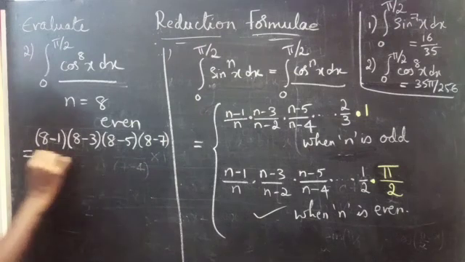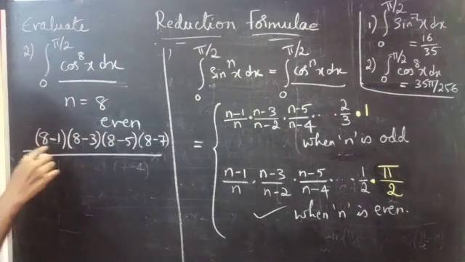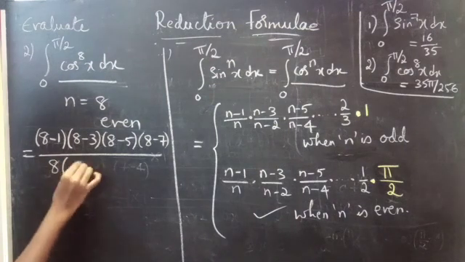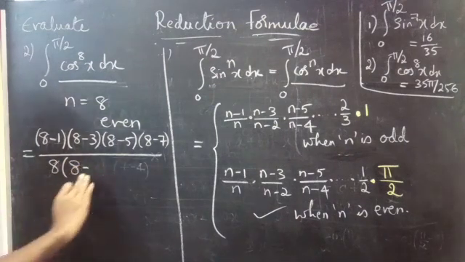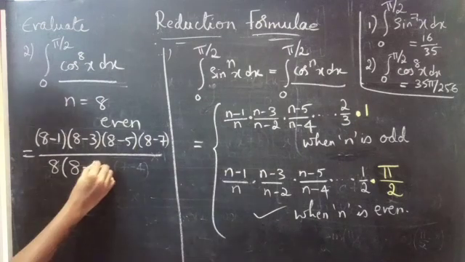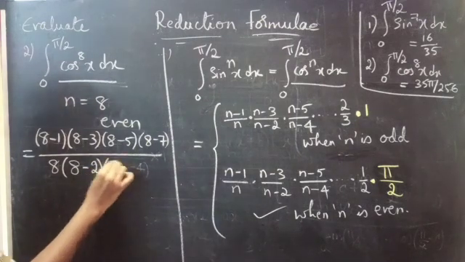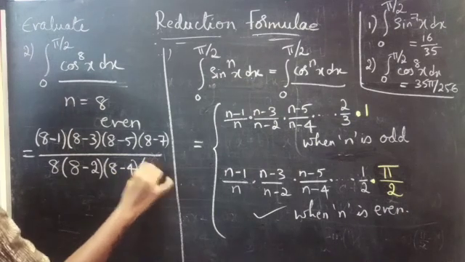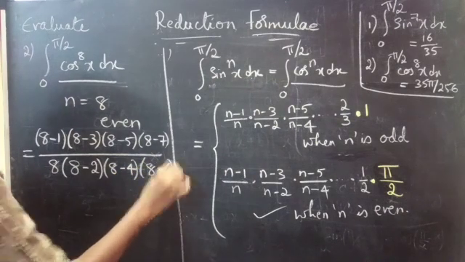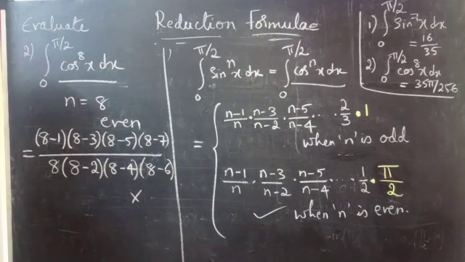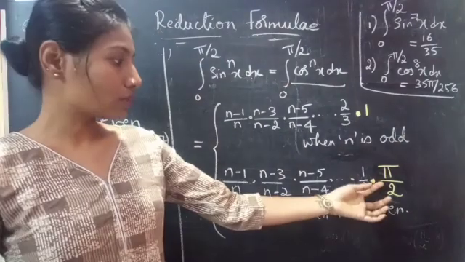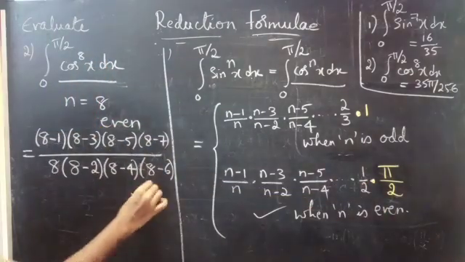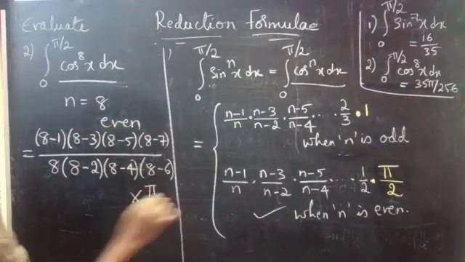By 8 minus 1 by 8 into 8 minus, now we are going to subtract even numbers: 8 minus 2, 8 minus 4, 8 minus 6. So what do we have to include here? Since n is even, we will include pi by 2.